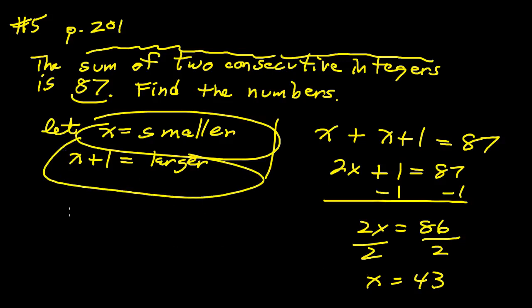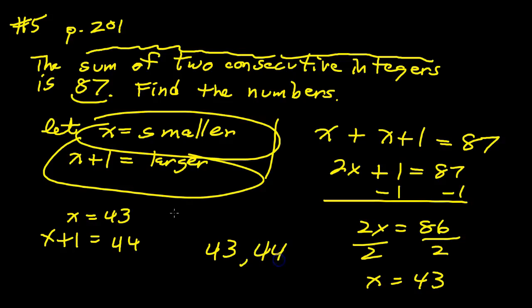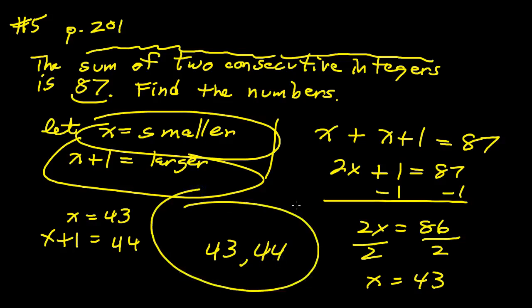That's going to be, of course, 44. So if x equals 43, x plus 1, the larger consecutive integer, is going to be 44. So my answer is 43 and 44. Those are the two numbers.